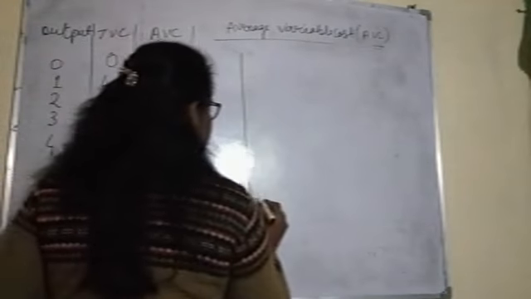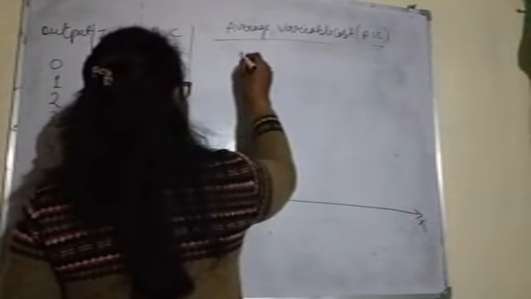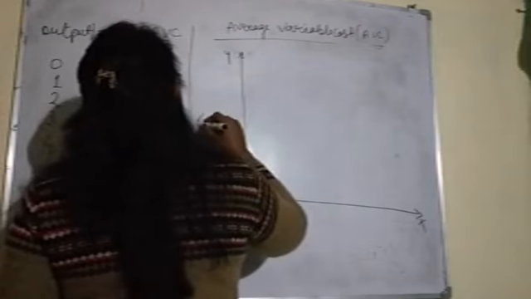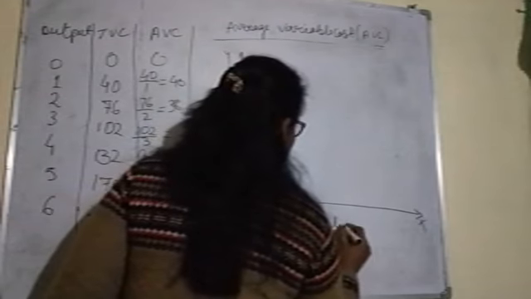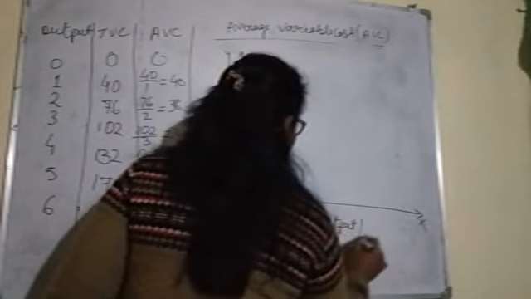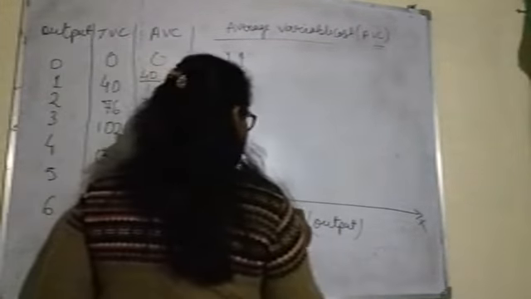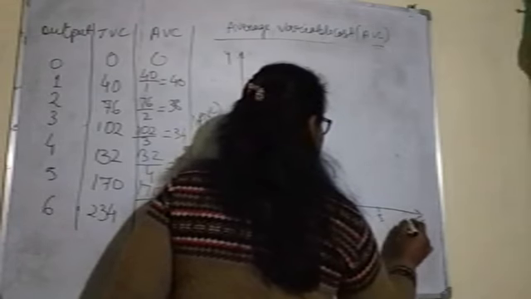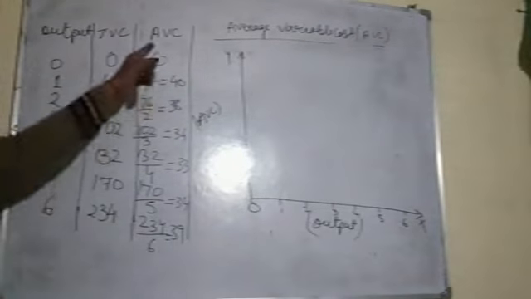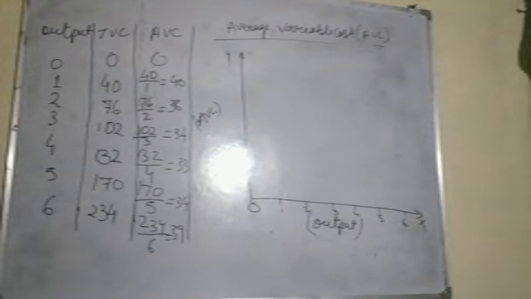Now see all of you. Here we'll show AVC, and here we'll show output. Output is 1, 2, 3, 4, 5, 6. If you see, the minimum is 30 and the maximum is 40.